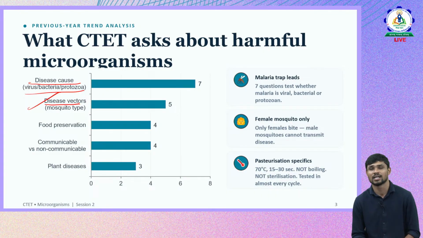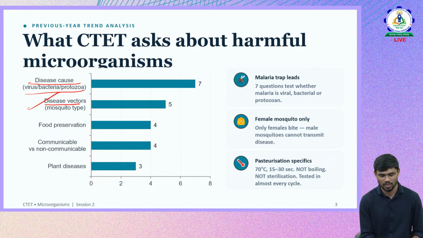Vectors are those organisms which carry a certain type of pathogen. A pathogen is the microorganism that causes a disease. These microorganisms can be carried by organisms like the fruit fly, house fly and mosquito. All these are carriers of certain pathogens which cause diseases among human beings. So we'll discuss that also.